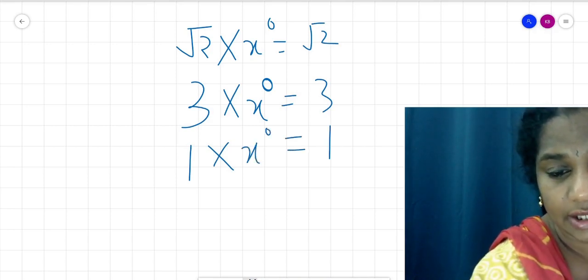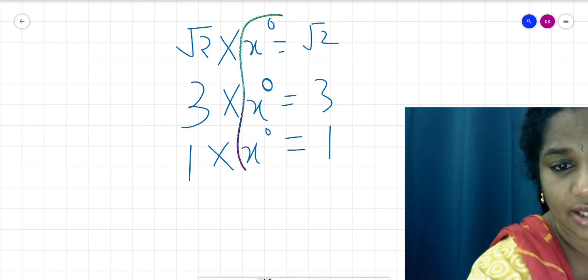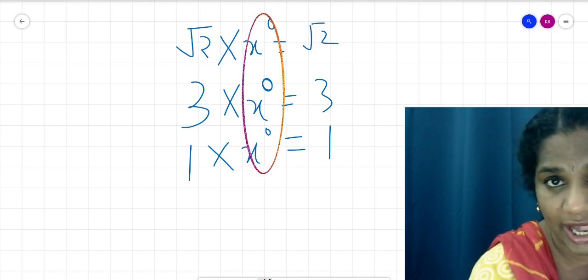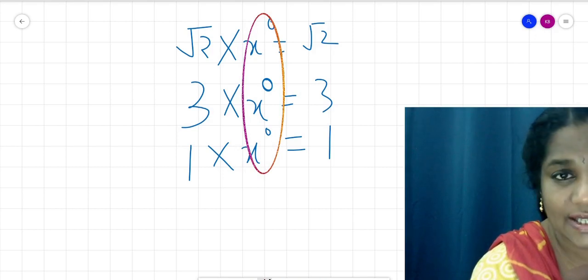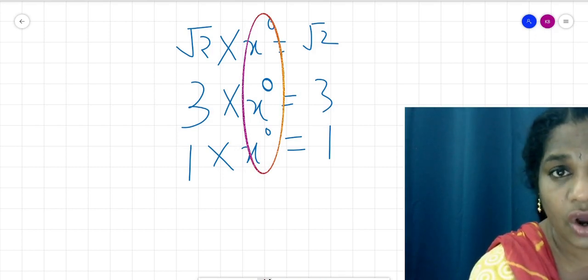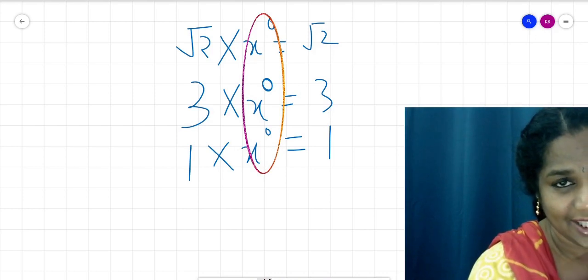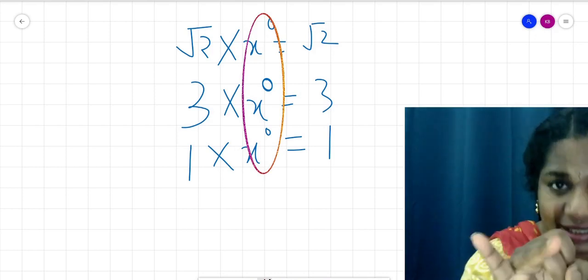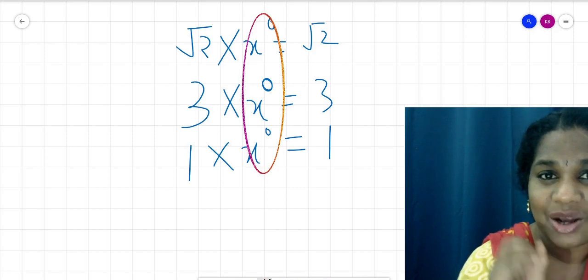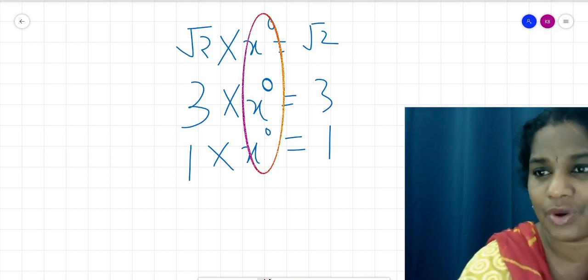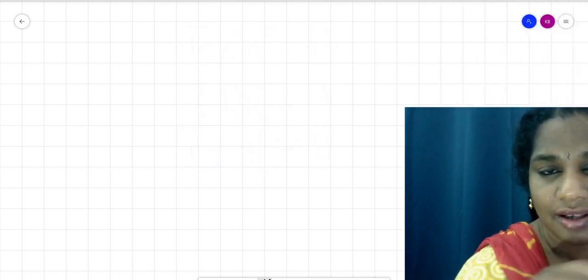So when I am multiplying all this with x raised to 0, I am getting the same constant values. So these are called as constant polynomial. So constant polynomial, linear polynomial, quadratic polynomial, cubic polynomial. There is one more polynomial pending.